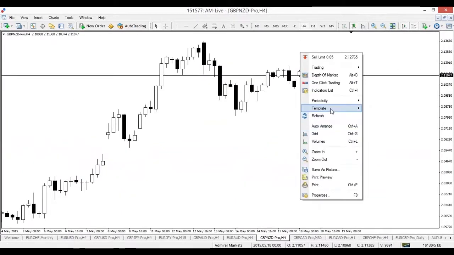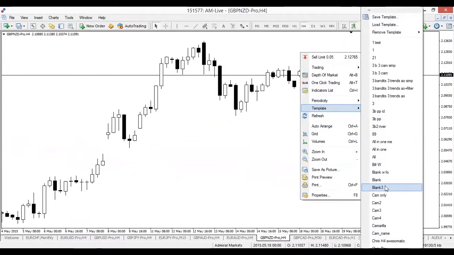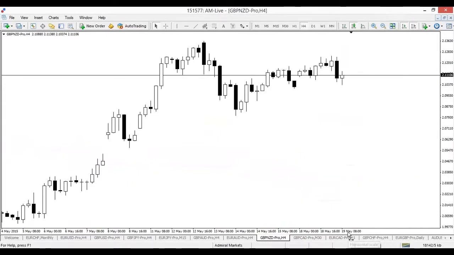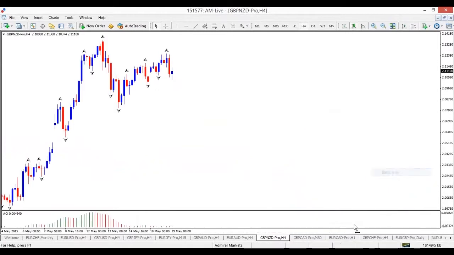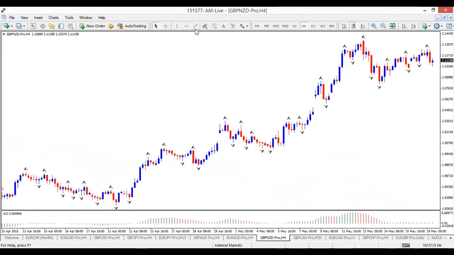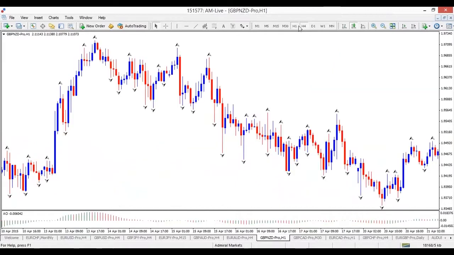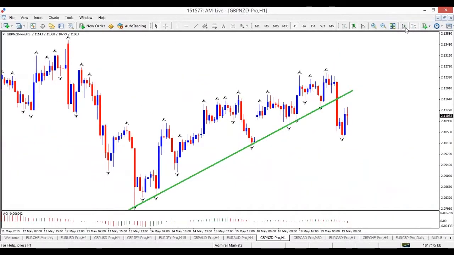Kind of a bit of a rising wedge pattern here that we had.